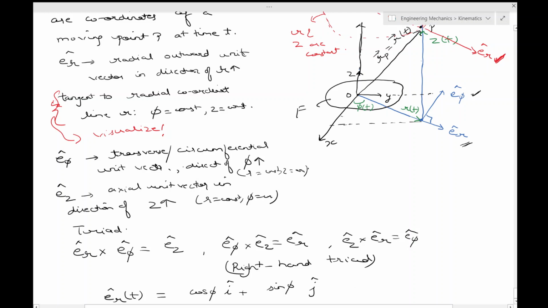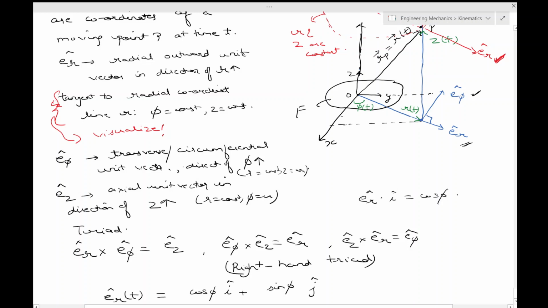Now how do we know that we can write it as cos phi? Well, there are several ways. One is that if you take a dot product between er and i hat, you should get a cos phi.